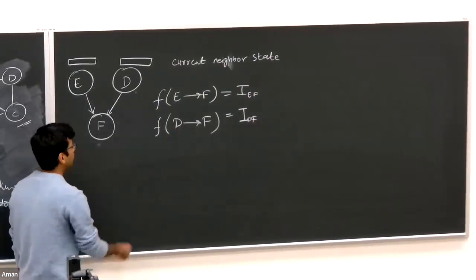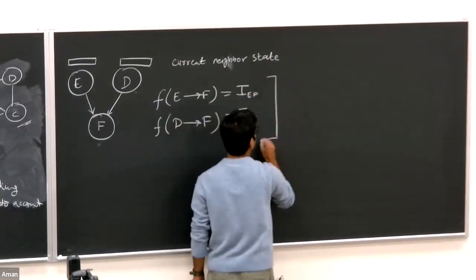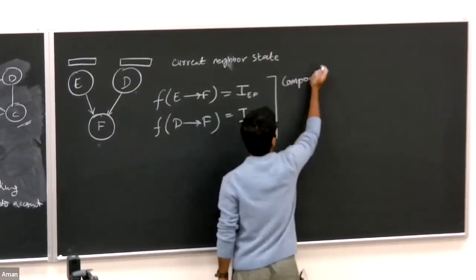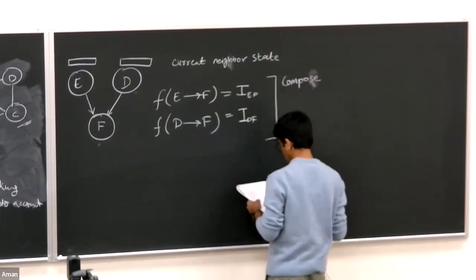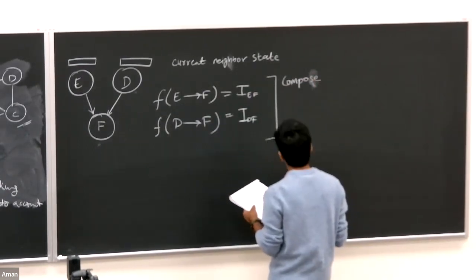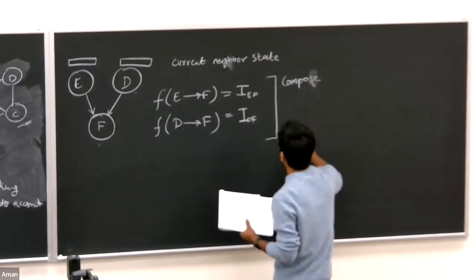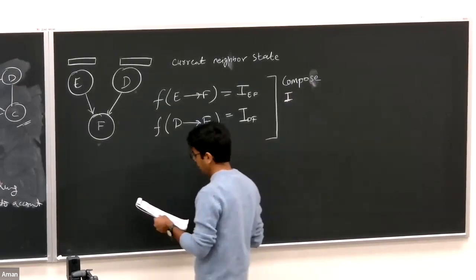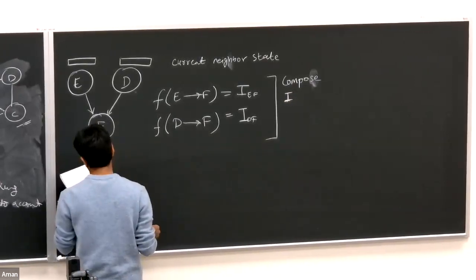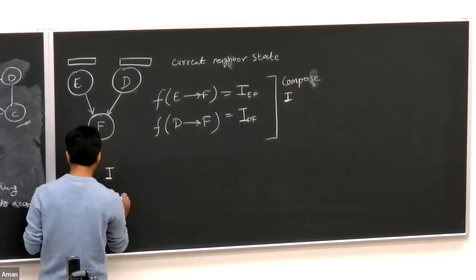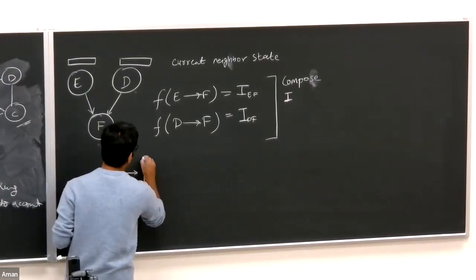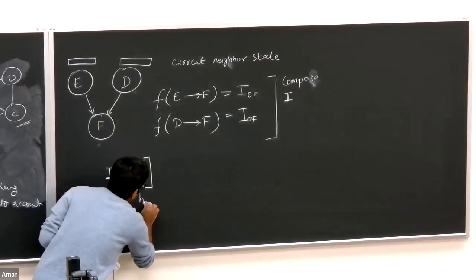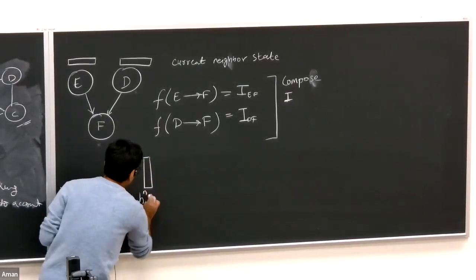Now, to update F, you compose these two together into some kind of information I, and we'll see how we do this when we look at a specific example. Then you take that information I and pass it to the current representation of F, which is h at t minus 1, where n is just the dimensionality.